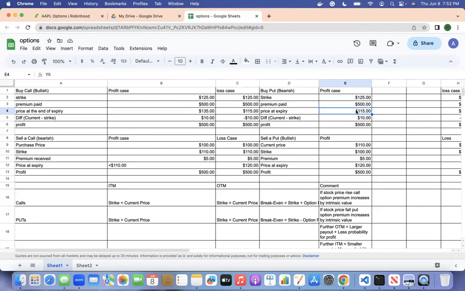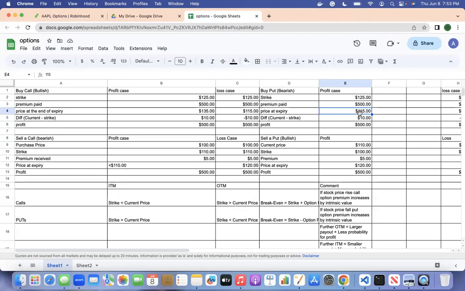Why would you execute it and purchase at the higher price? So your premium will be gone after expiry. After expiry the stock still remains below 125, let's say $115. You're not going to execute the contract. You paid a $500 premium, so that $500 will be lost, and that is the only money you'll be losing. So your loss will be $500.